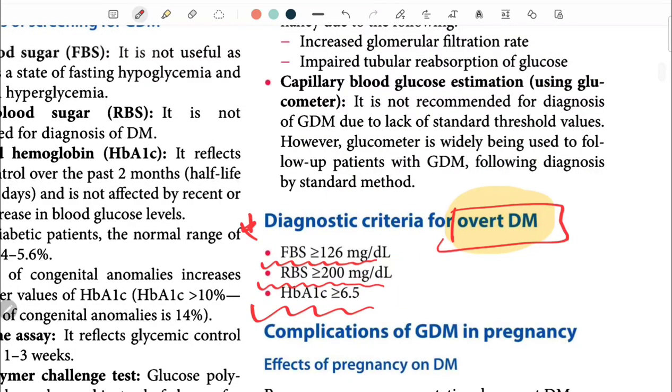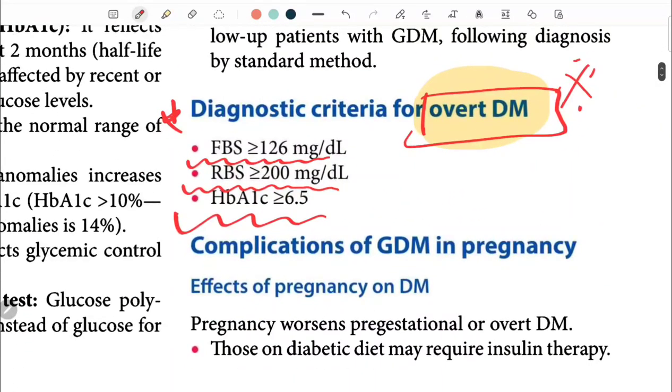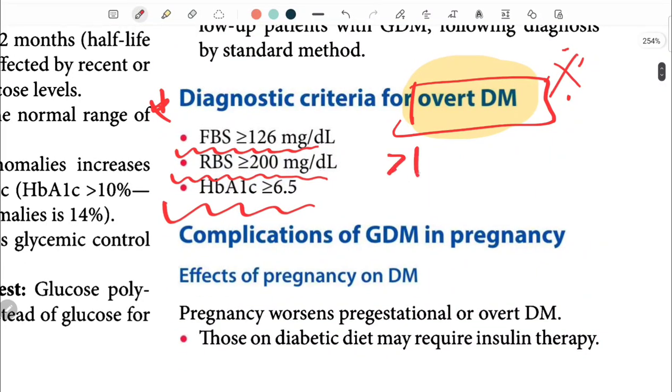The diagnostic criteria for overt DM is a must know. So what is the criteria for overt diabetes mellitus? Fasting blood sugar more than or equal to 126 mg per dl, random blood sugar more than or equal to 200 mg per dl, and HbA1c levels more than or equal to 6.5.